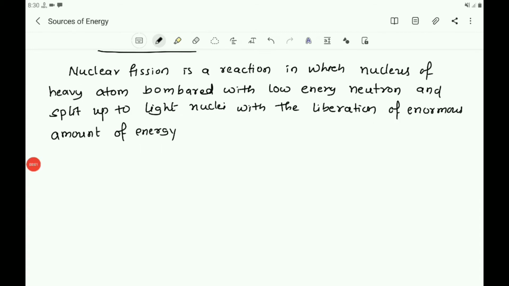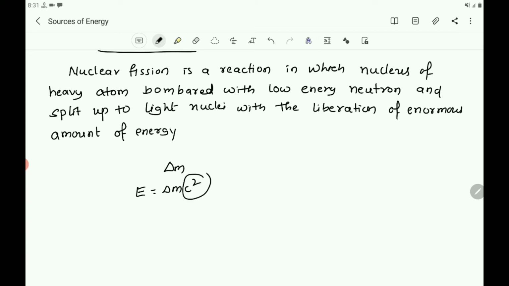In this reaction, some part of the mass is converted into energy. There is a mass difference, written as delta M, between the original nucleus and the product nuclei, and that mass is converted into energy E at a rate governed by the equation E equals delta m c squared.